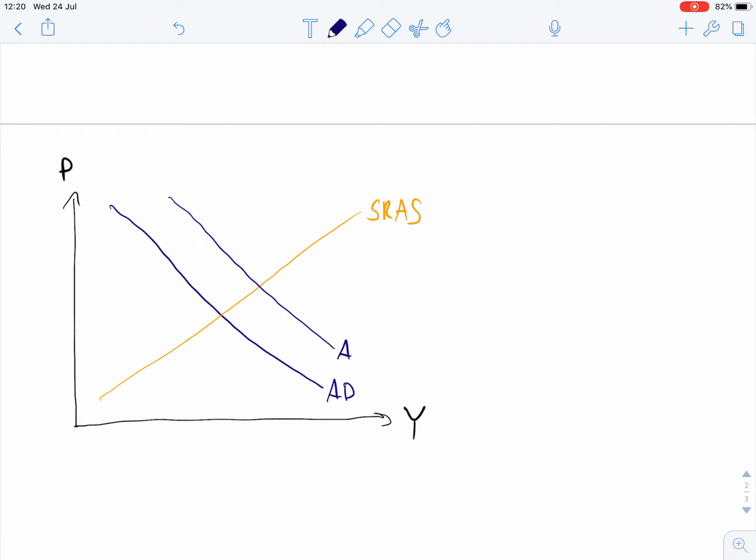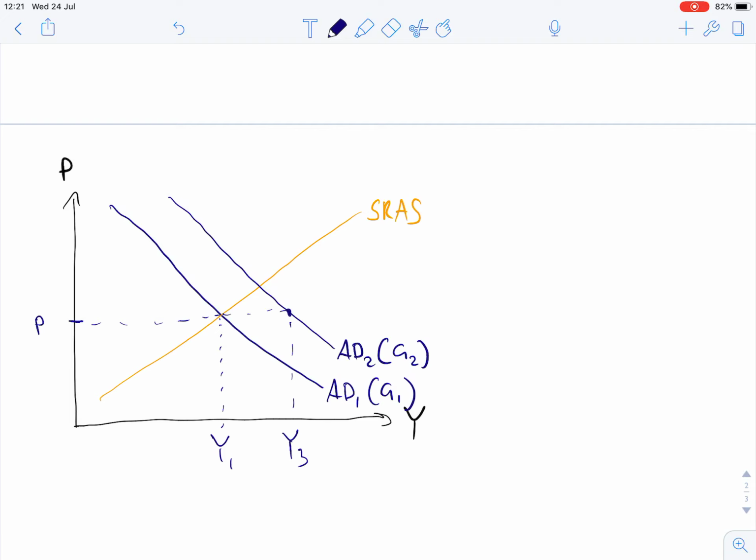So we have aggregate demand 2, which was a function of government spending 2. The original aggregate demand 1 was a function of government spending 1. And what we've said is that if the price level was kept fixed from our initial equilibrium, we would have a movement from Y1 to Y3.